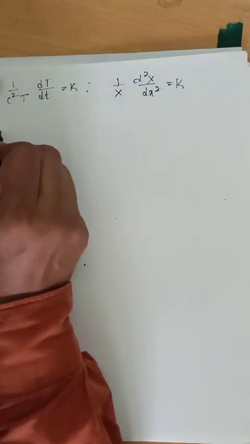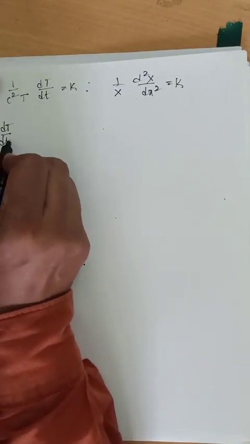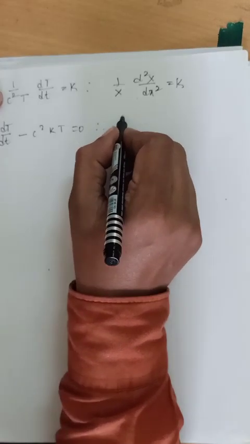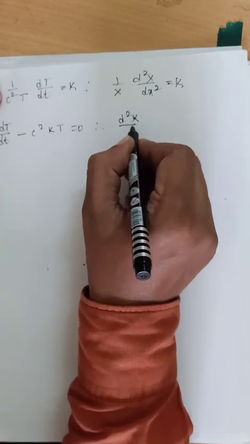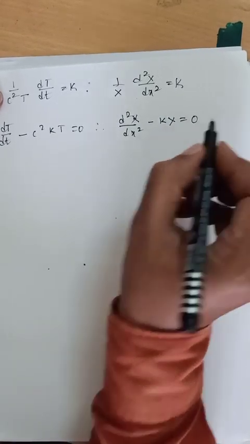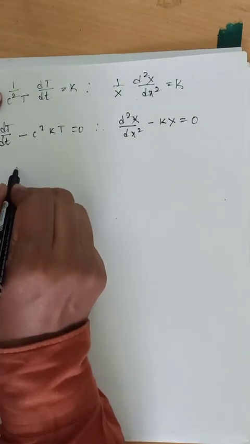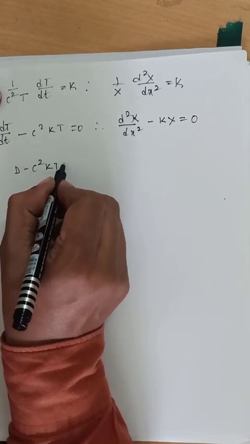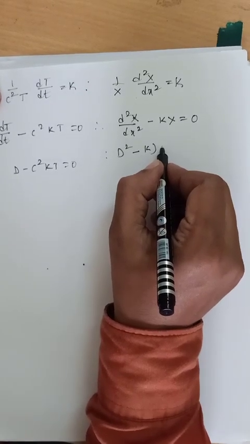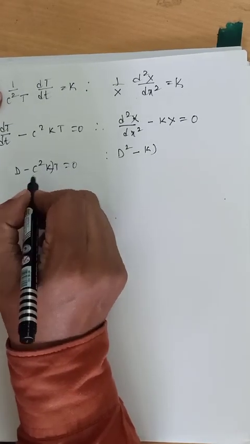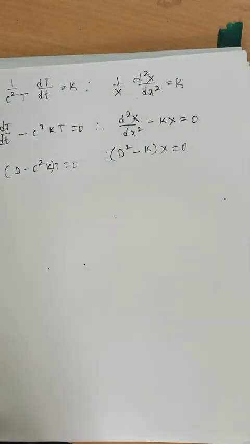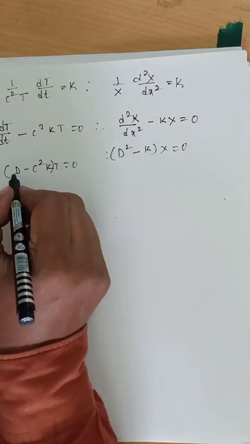That is dT/dt minus c² kT = 0, d²X/dx² minus kX = 0, or (D − c² k)T = 0, (D² − k)X = 0, where D means d/dt.